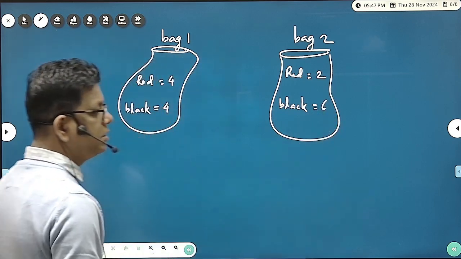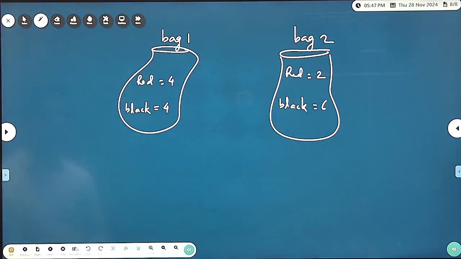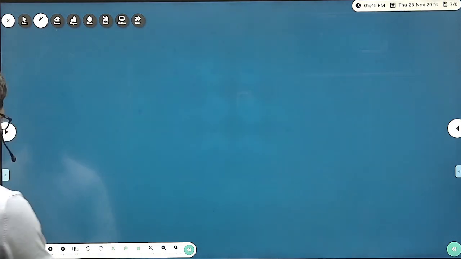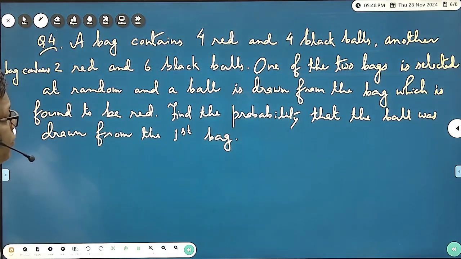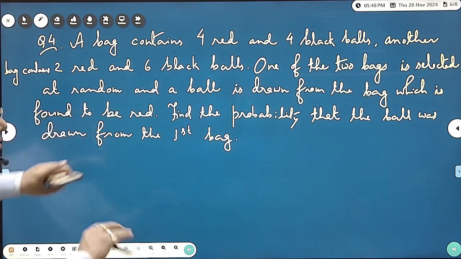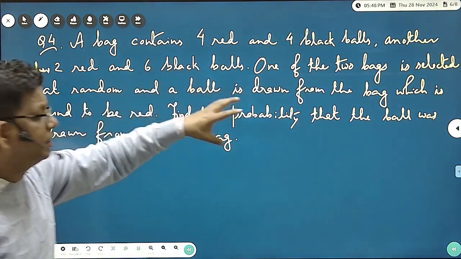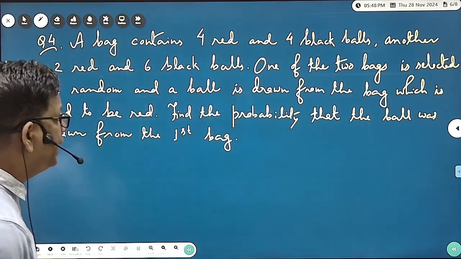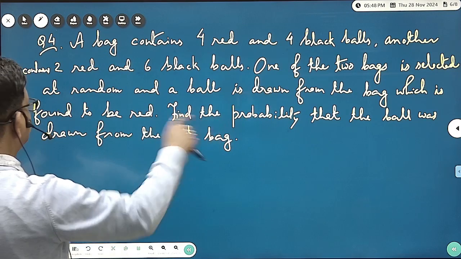Now, without looking into the bags, look at the question here. Without looking into the bag, one bag of the 2 bags is selected at random. So we have not checked which one. One bag is taken at random, and then a ball is drawn from the bag which is found to be red.